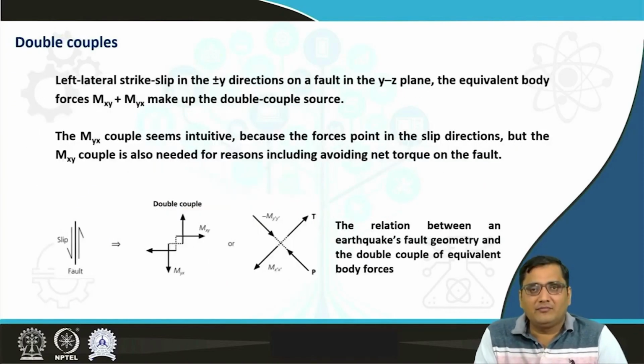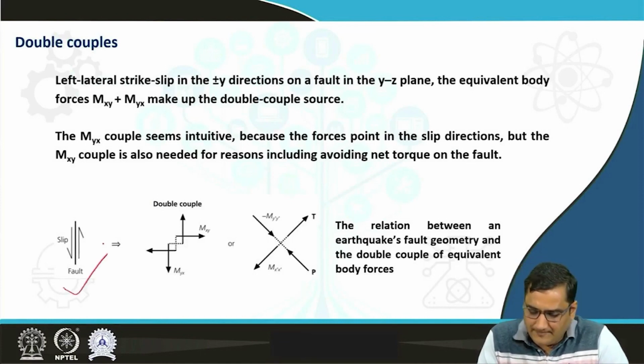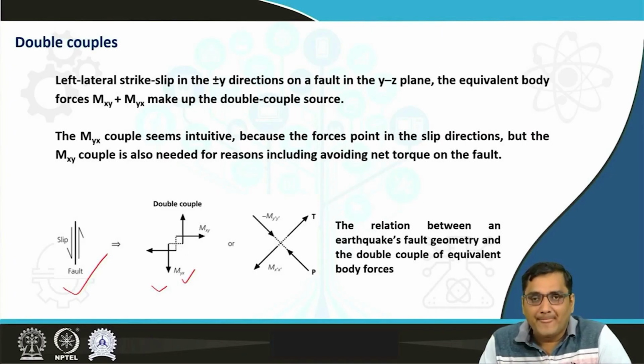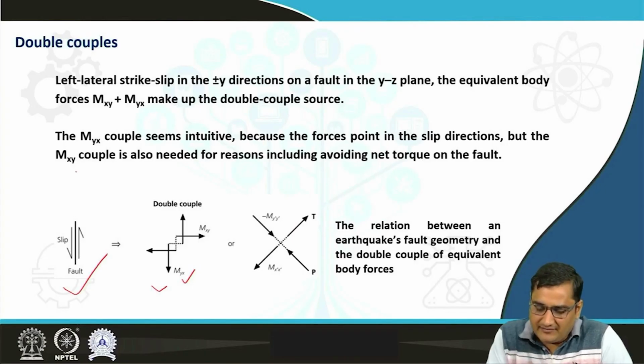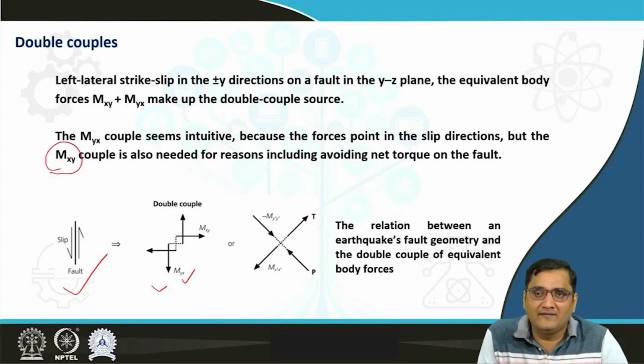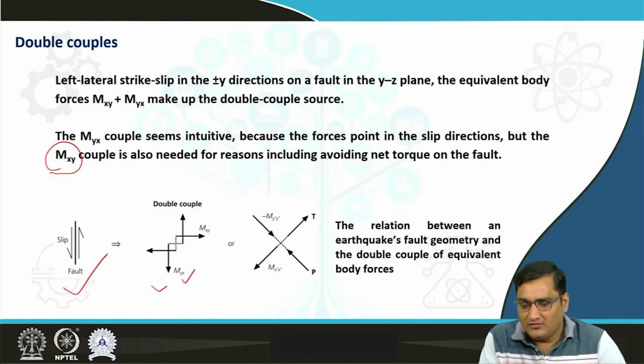And in case of double couple, if we are talking about a left lateral strike slip fault like this one, having the slip in plus minus y directions on a fault in the yz plane, the equivalent forces can be Mxy plus Myx, that will make up the double couple, and the Myx will have the complementary component, that is Mxy, that will be needed to have no net torque on the fault.